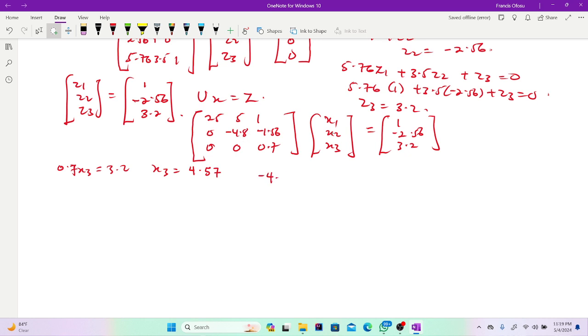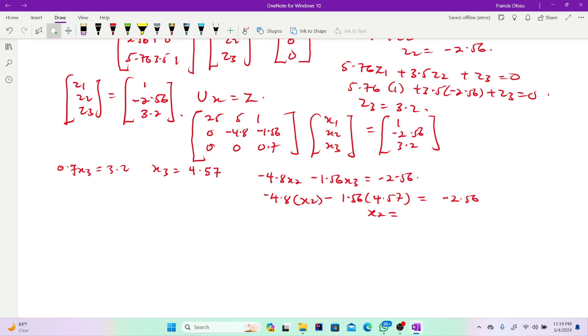Negative 4.8x2 minus 1.56x3 is equal to negative 2.56, right? So I have negative 4.8 x2, minus 1.56, but the x3 is what? 4.57, right? So I simply find my x2.